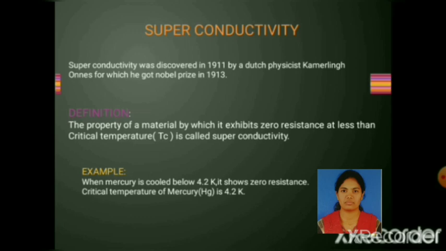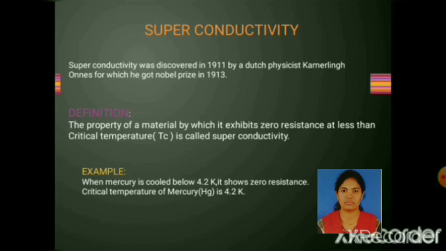Now here we can understand this property by considering an example of a material called mercury. When it is cooled below 4.2 Kelvin, it shows zero resistance. What does it mean? When the temperature is less than 4.2 Kelvin, the resistance of mercury becomes 0. So we can say that 4.2 Kelvin is the critical temperature of mercury.